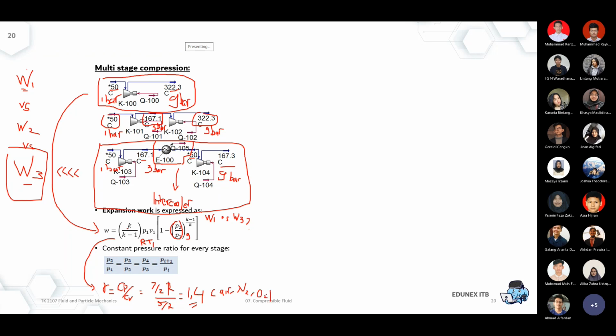Whether you compress in one stage, 2 stages, 3 stages or 4 stages, it still remains 1.4 because Cp per Cv is 7 per 2R over 5 per 2R. So actually this part is relatively constant.